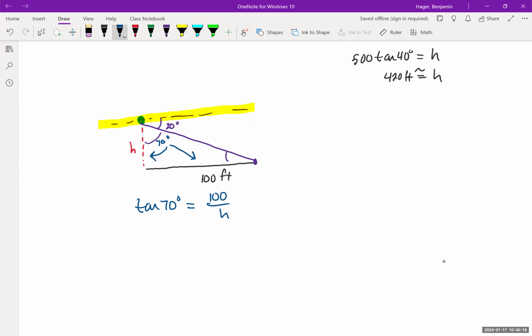To clean this up, I could multiply the h to the other side. And then to get the h by itself, I could divide both sides by tangent of 70. And we'd get 100 over tangent of 70 degrees, which means the bridge is roughly 36.4 feet tall.